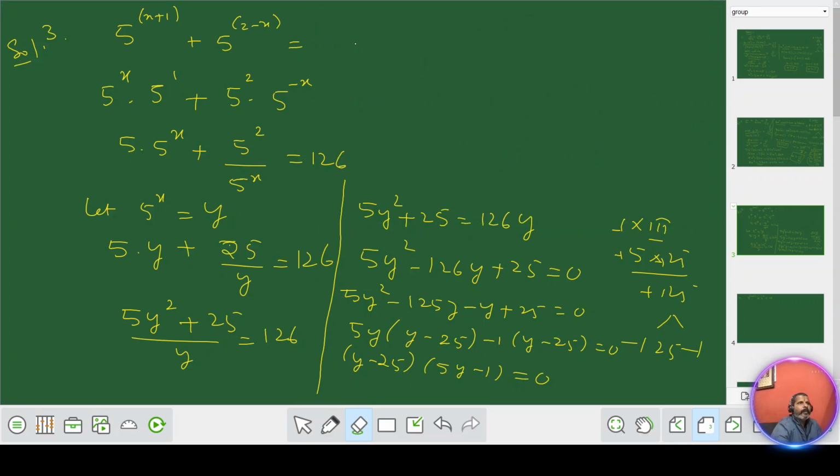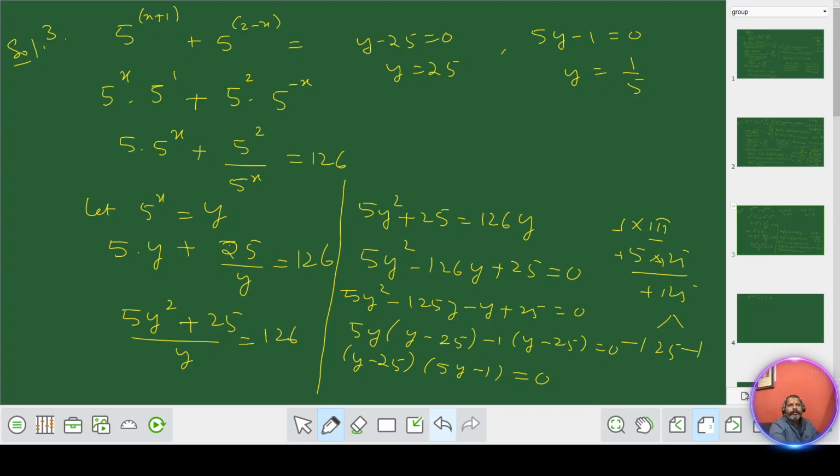Y minus 25 is 0 means y is 25. The other factor is 5y minus 1 equals 0, which means y equal to 1 by 5.